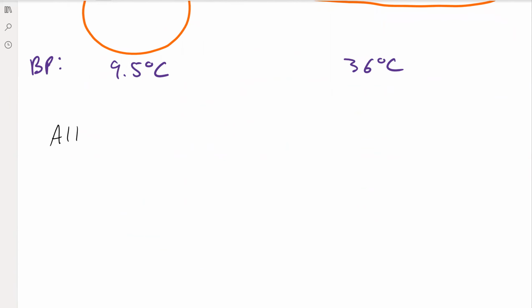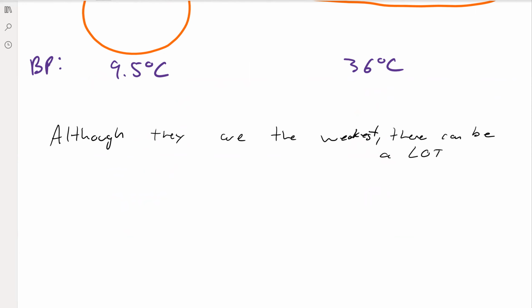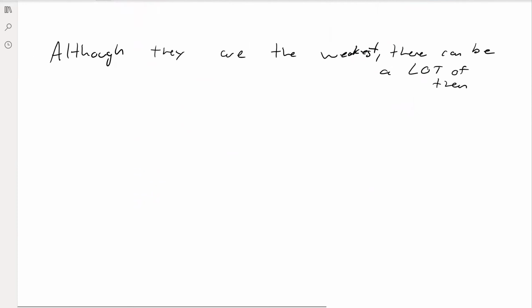And so one thing to keep in mind is although the London dispersion forces are the weakest, there can be a lot of them. And so they can actually have higher boiling points than something that has stronger intermolecular forces.